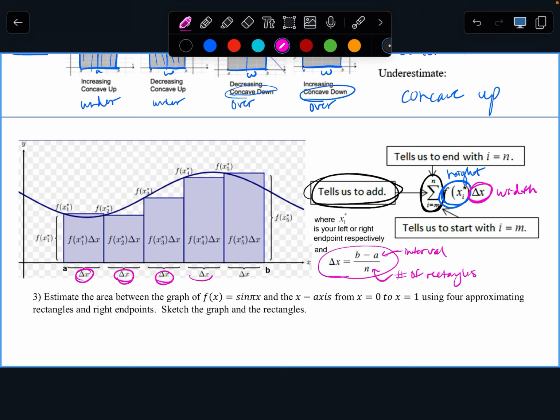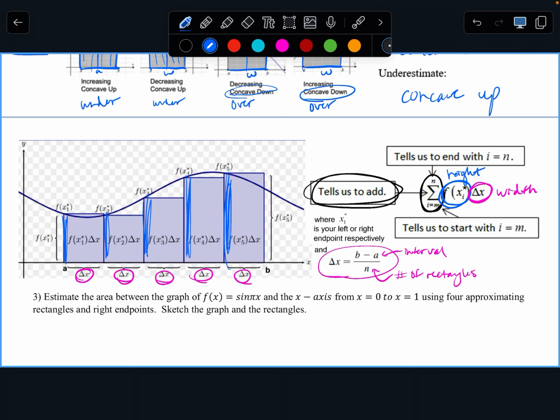So here's all your widths, your change in x's, and then you get all your heights, either left, right, wherever. This one's a left. This is all your heights, your f of x, to get all your answers. We're going to get into that even more as we go.